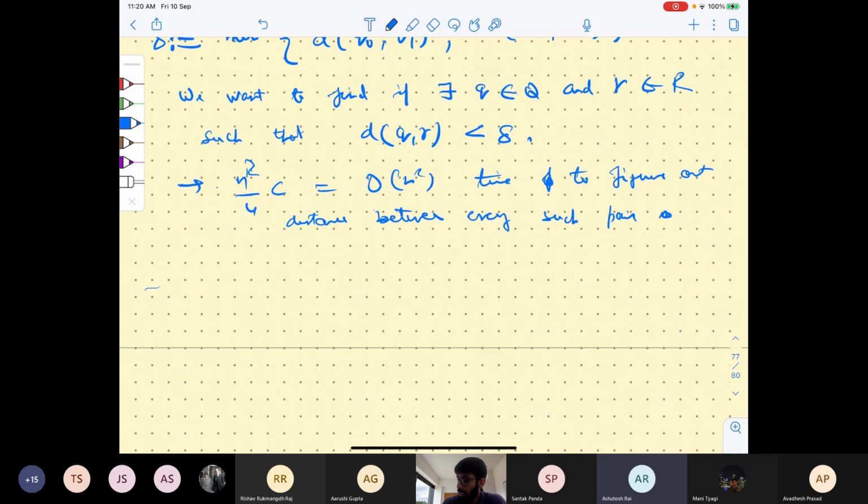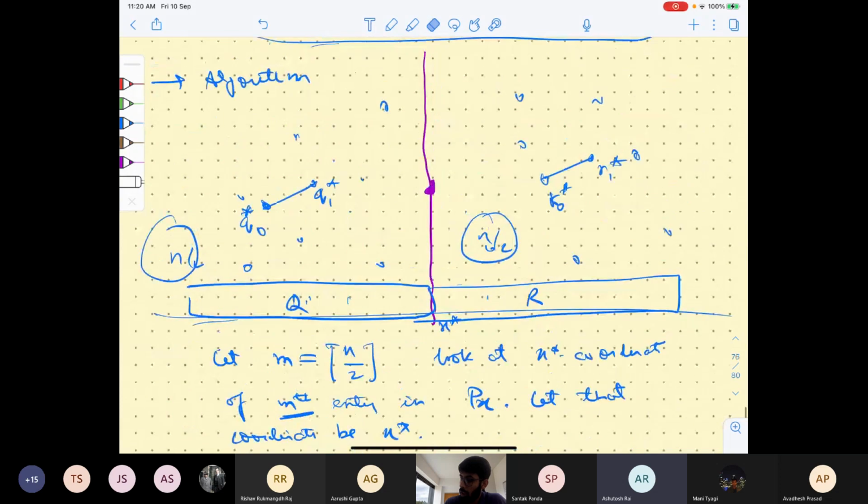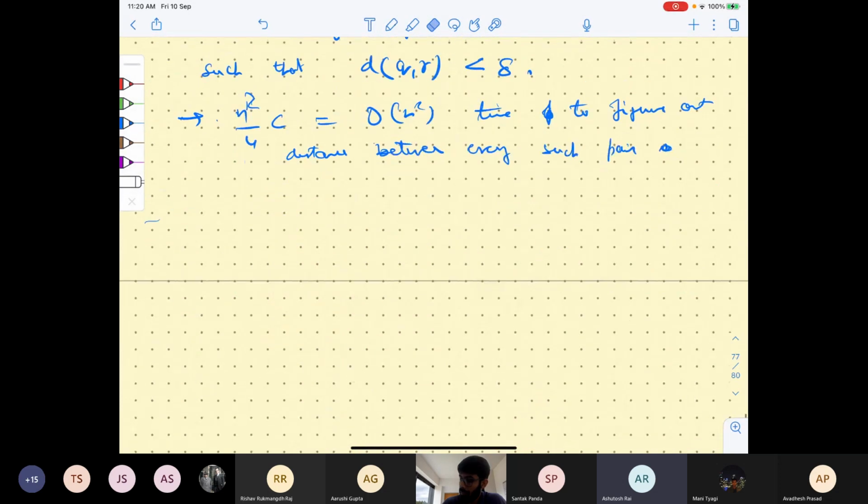But let's look at something else now. So we have this delta, right? And we had this x star, which was the last x coordinate of anything in Q. So suppose this is the axis.